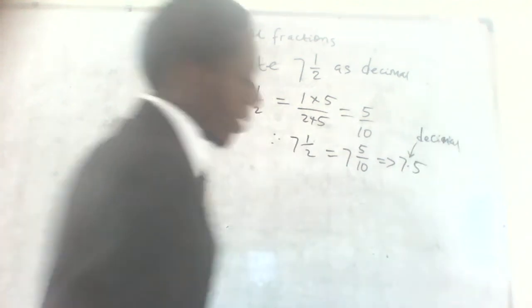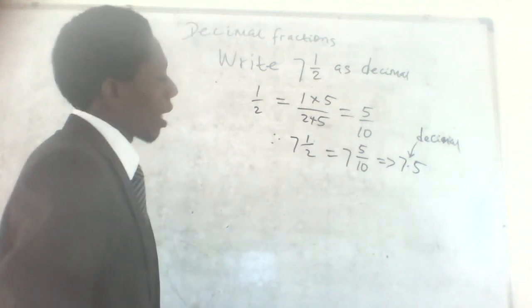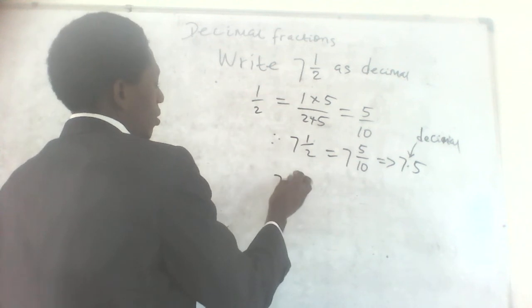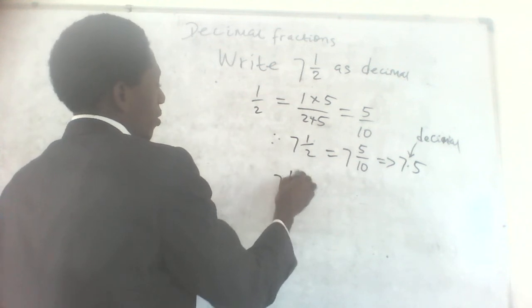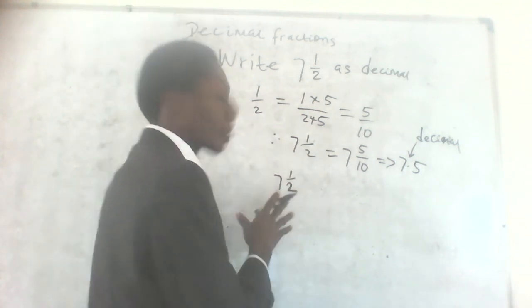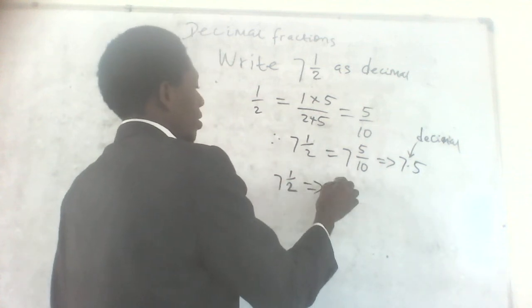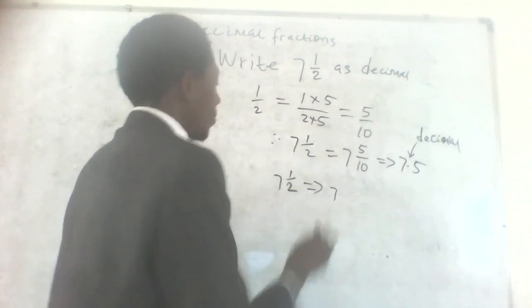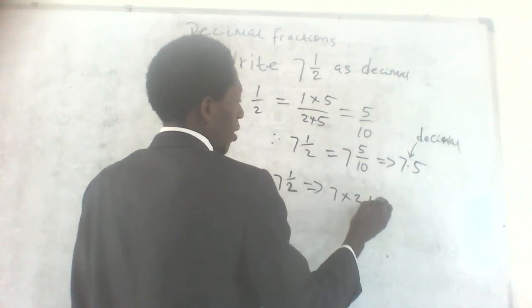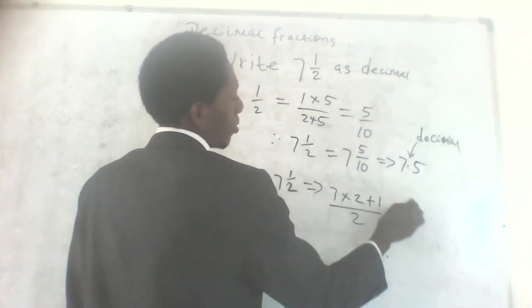So this is the decimal we are talking about. Alright. Now, I can still do it in another way to get it. I have 7 whole number 1 over 2. That's 7.5. Well, it's just a matter of breaking this down. It's the same thing as saying this is 7 times 2, then plus 1, divide 2.